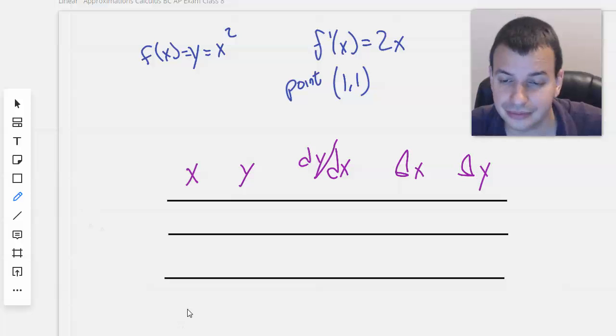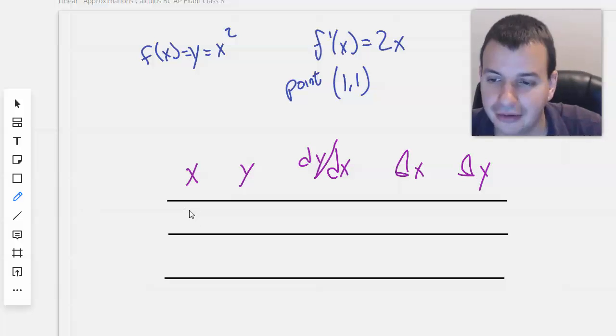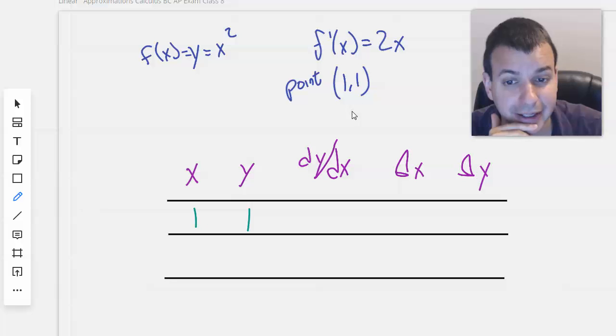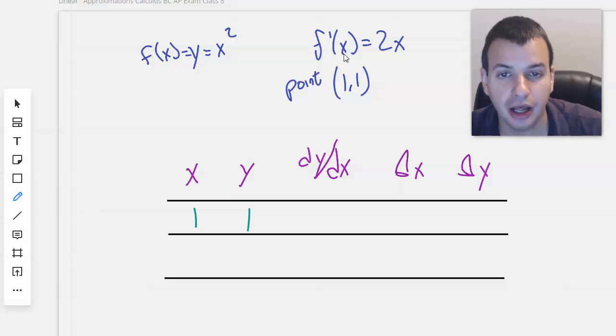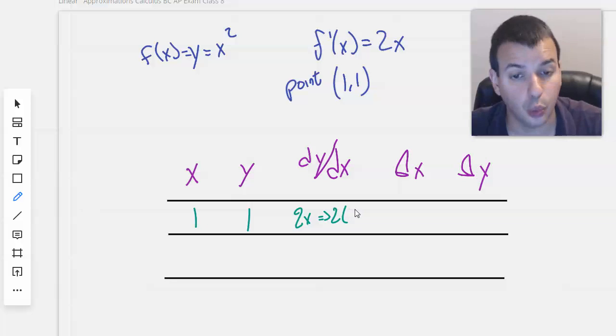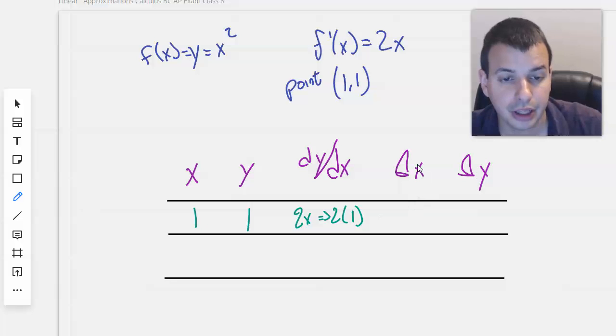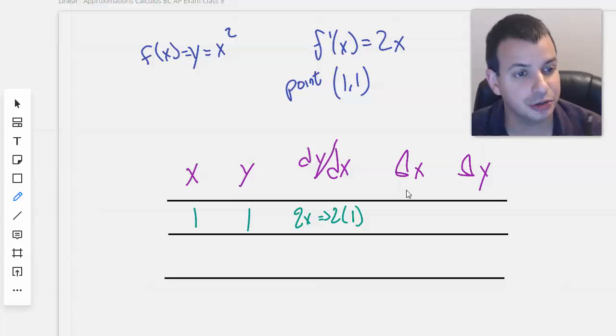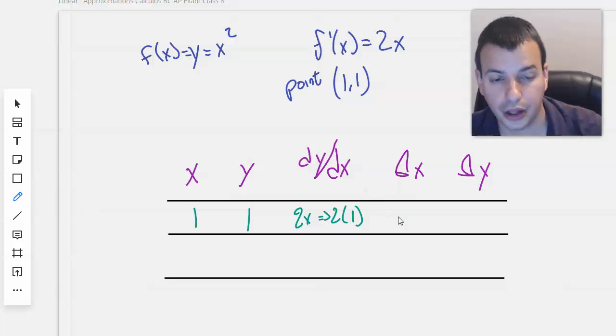Sufficient. So we're given our first point. We have (1, 1). We're given that here as our beginning. And we know our dy/dx is 2x. So this is going to be 2x, which in this case will be 2 times 1. And then our delta x, our change in x, we've already said every time we're going to take steps that are size 1.